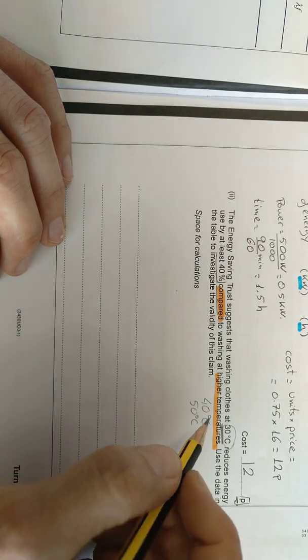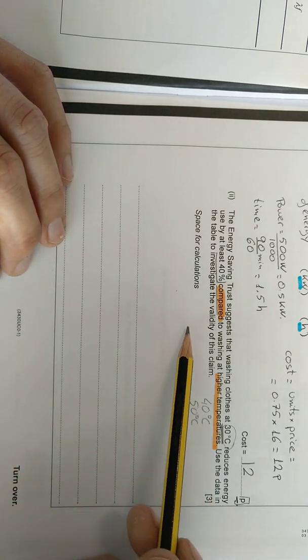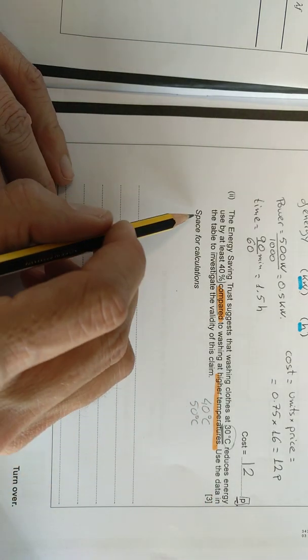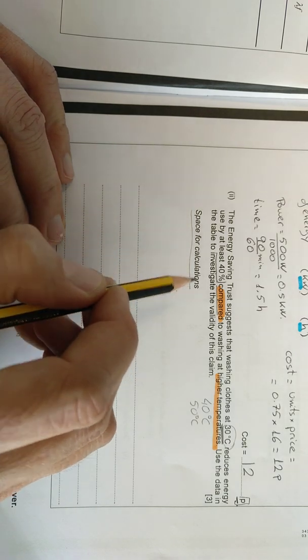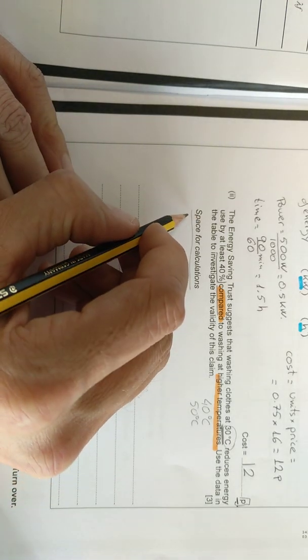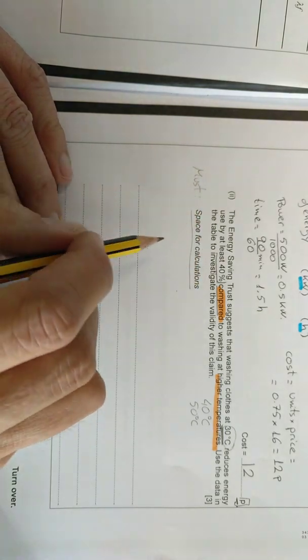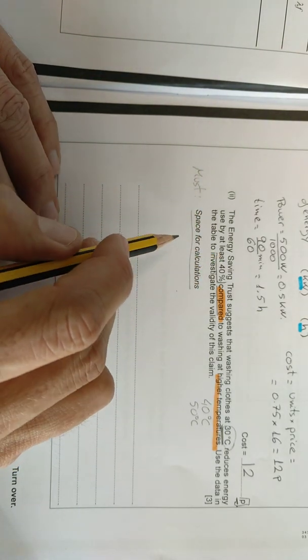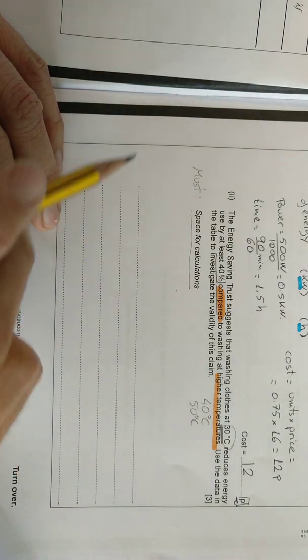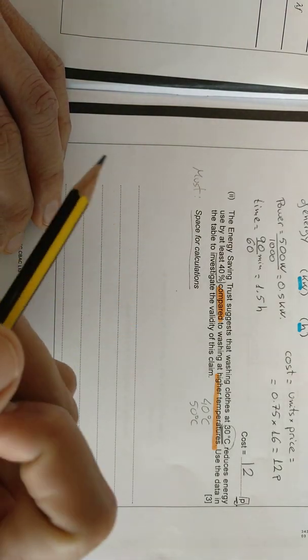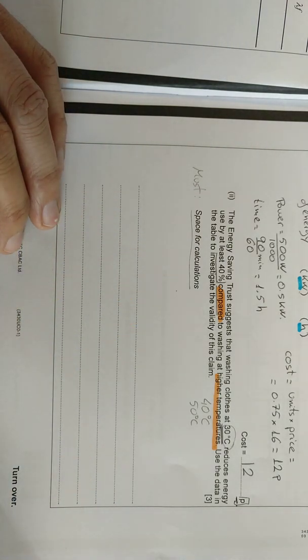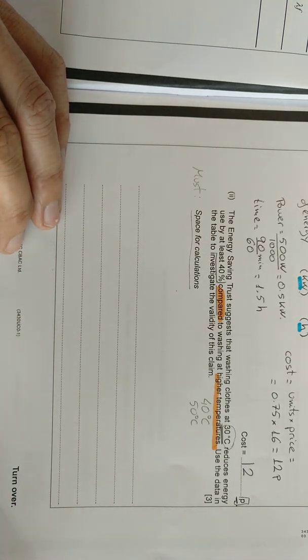Now, as you can see, they are giving us a gap, a space for calculations. That means that you have to do some calculations. Now, there are different ways to do these questions. I'm going to do the one that I find easiest.